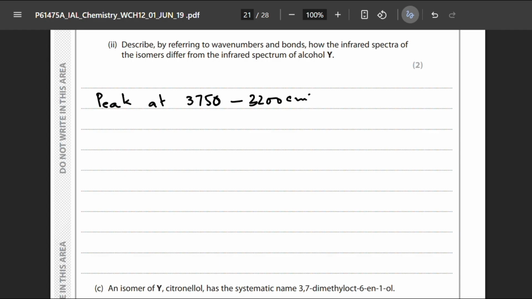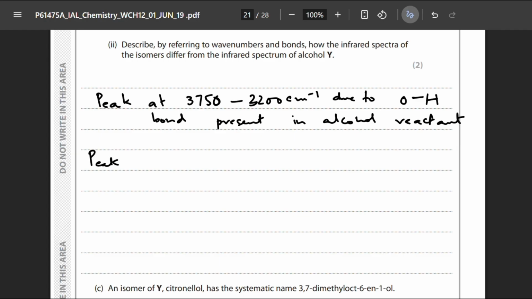In the reactant, because the reactant is alcohol, you will find a peak at 3750 till, due to the presence of the O-H bond, the oxygen-hydrogen bond present in alcohol, which is present in the reactant.